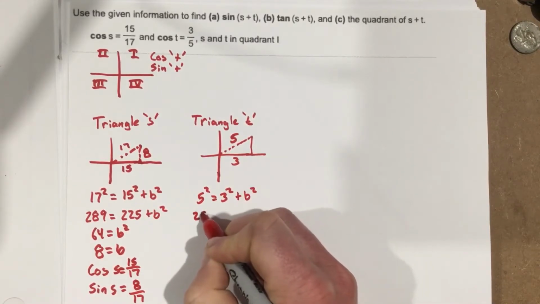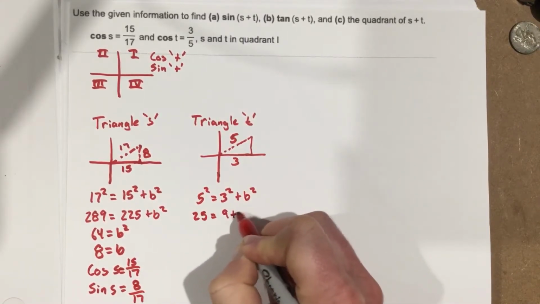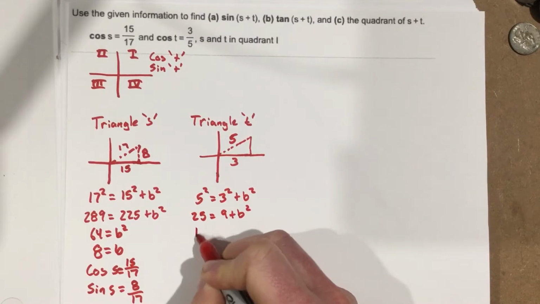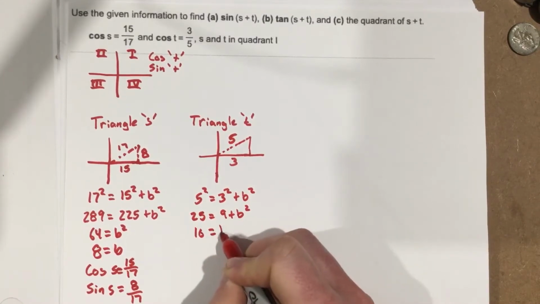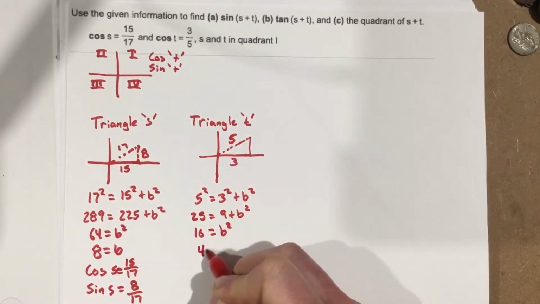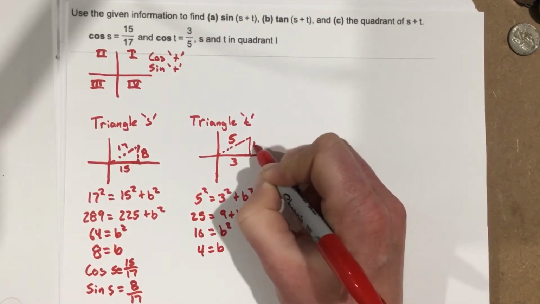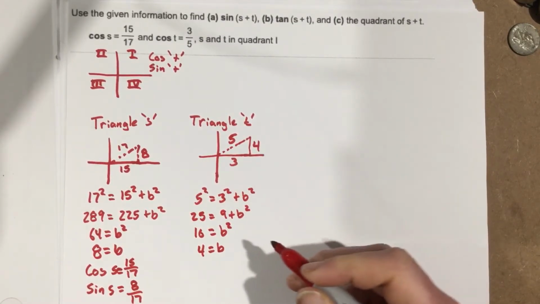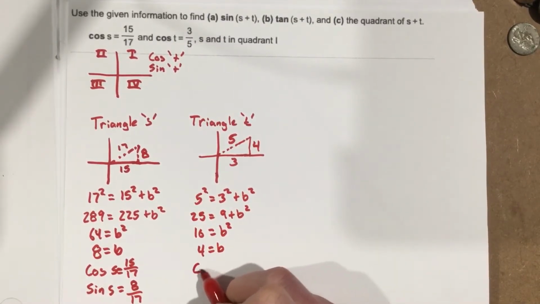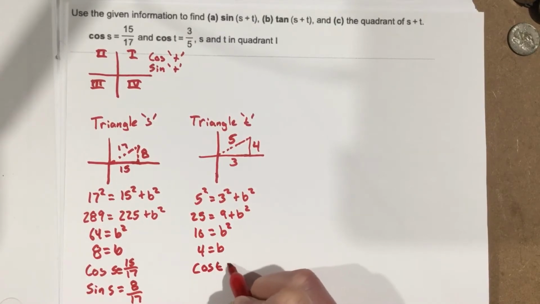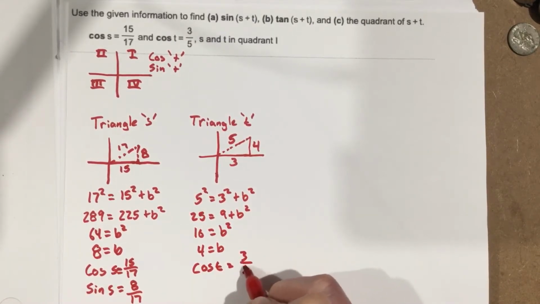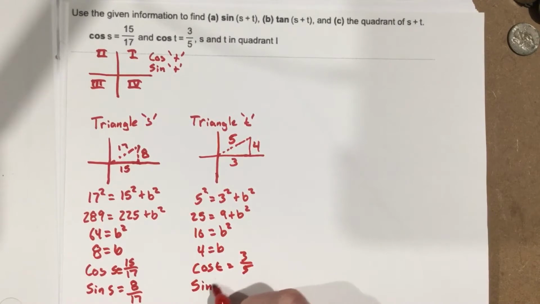So that's 25 equals 9 plus b squared. That's 16 when you subtract it across equals b squared. So we have 4 equal to b. As you can see, 3, 4, 5 triangle. And that means cosine of t we knew already was 3 over 5, but now sine of t is 4 over 5.